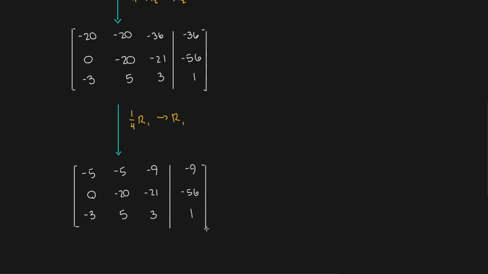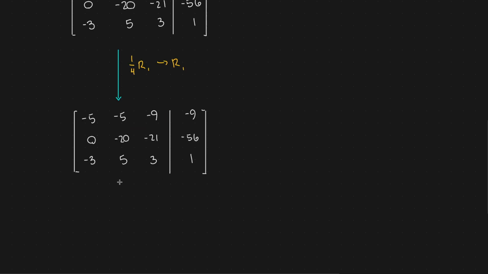Okay, but now I want a 0 down here. So again, I could multiply row 1 by a fraction to turn this into a 3 to cancel with this one. But I want to avoid fractions if I can, right? There will probably come a time where I will need to work with them, but for now, I can try to avoid them.